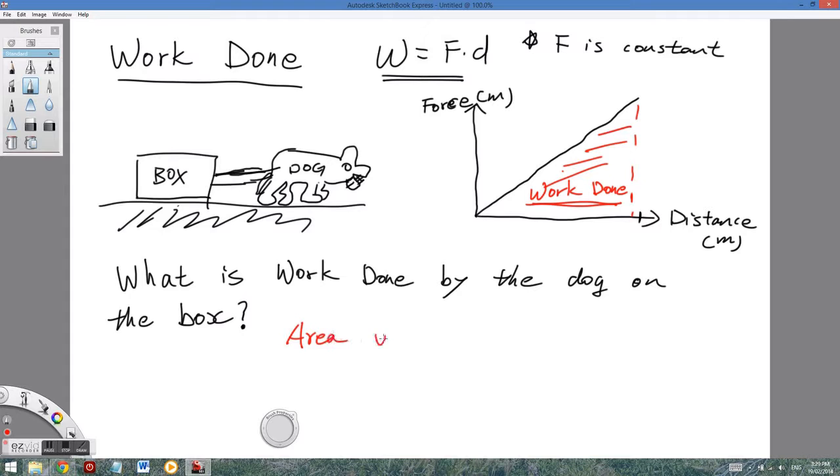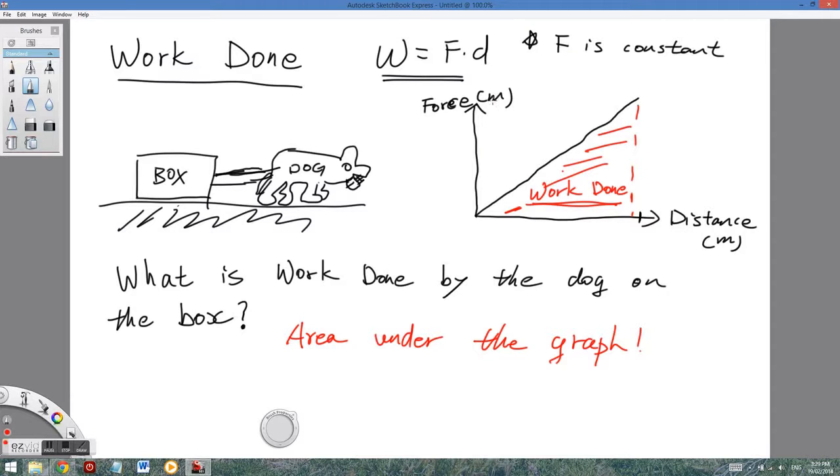Okay, let me write it down. The area under the graph is the work done. Sorry, the area under the force distance graph. But we can prove it. Have a look at the unit of the area here.